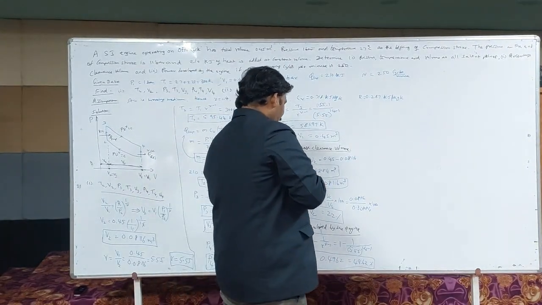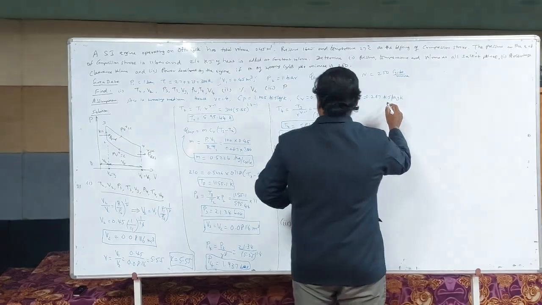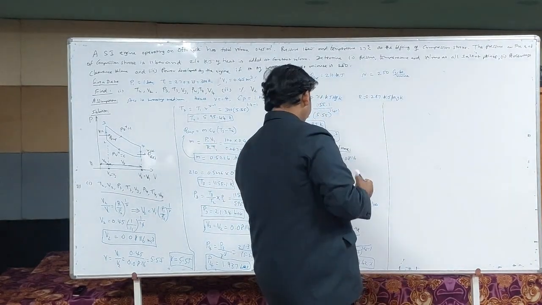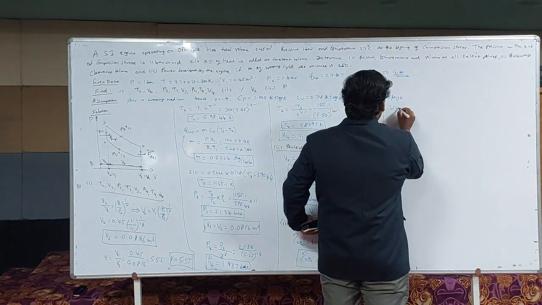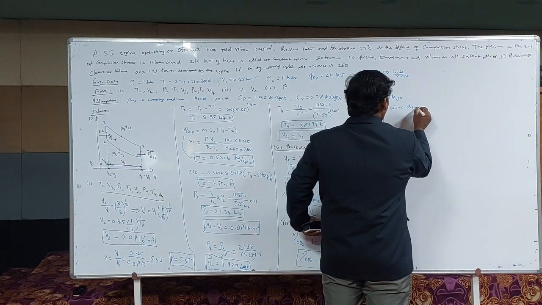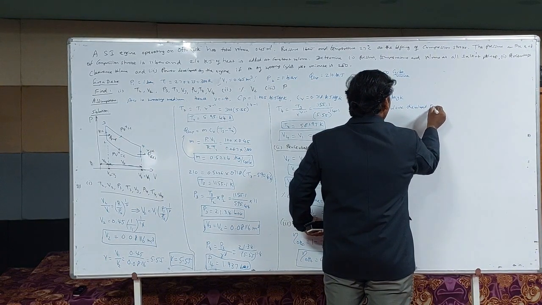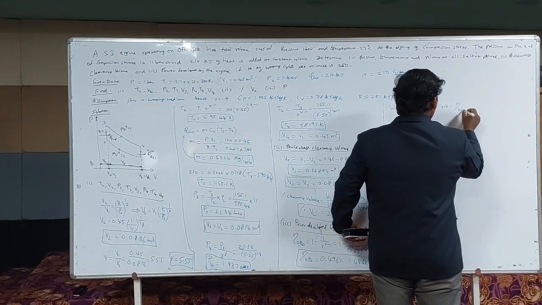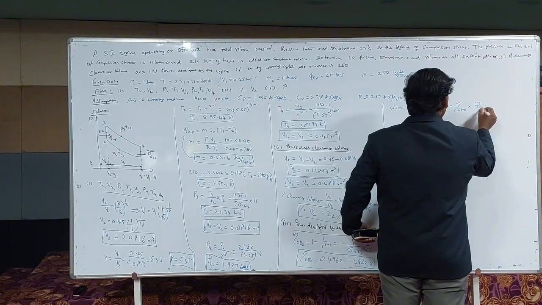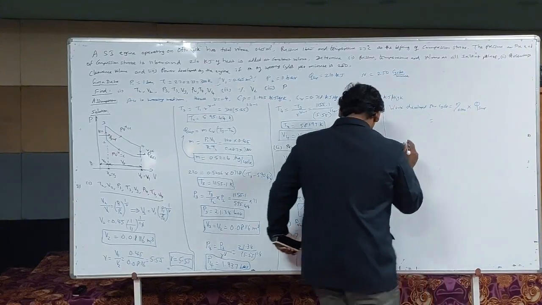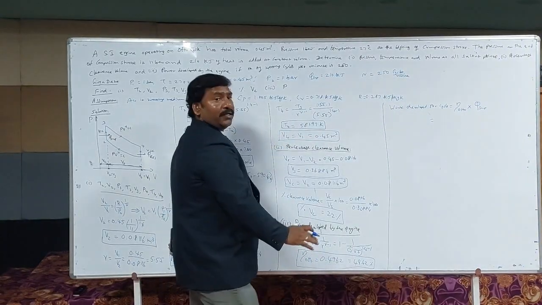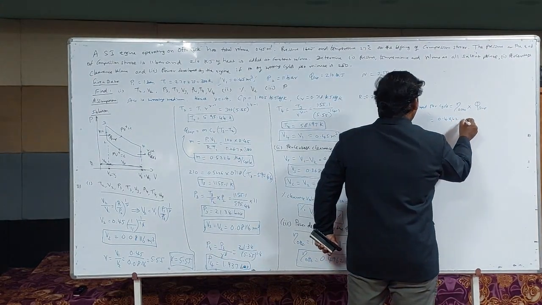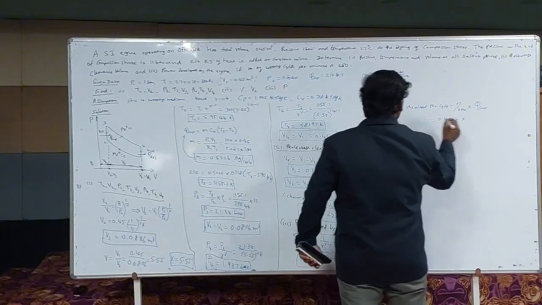And now we have to find out the work developed. Work produced or developed per cycle is equal to efficiency of Otto cycle into heat supplied. We know efficiency of the Otto cycle as 0.4962, and the heat supplied is 210 kilojoule.